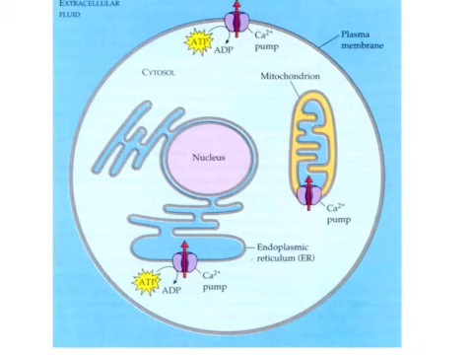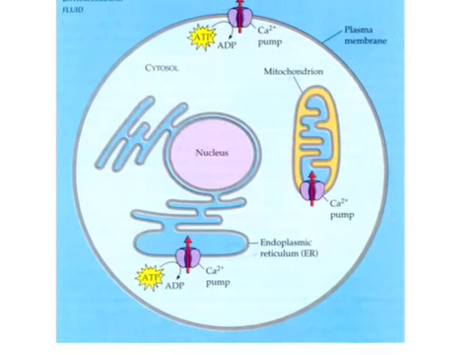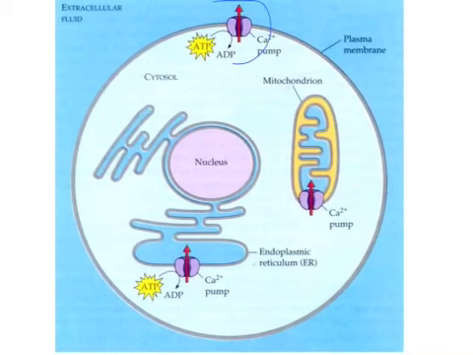So the majority of calcium that is in our cells is actually kept out of the cytoplasm. You can see here it's either pumped completely out of the cell, so it's removed from the cell. This would be a form of, hopefully you saw that, active transport, required ATP. It is a pump. So it's either pumped out of the cell, or it's pumped into the endoplasmic reticulum.